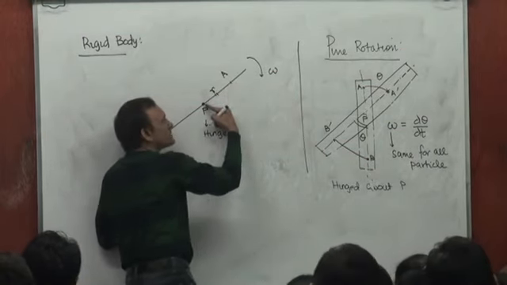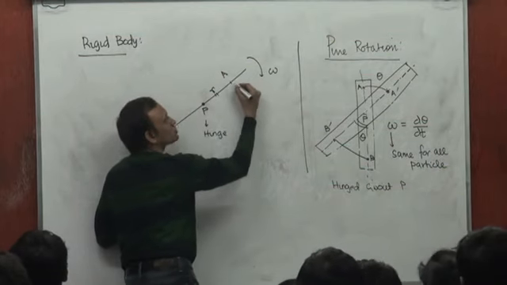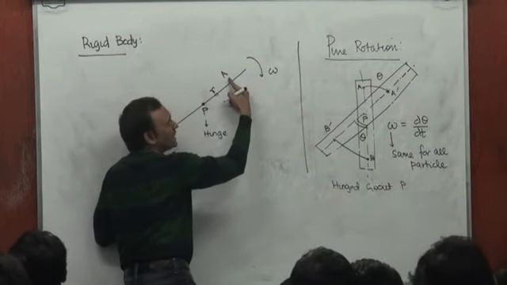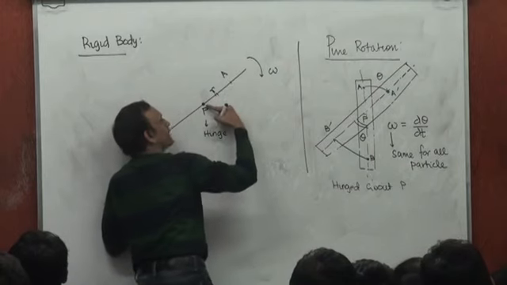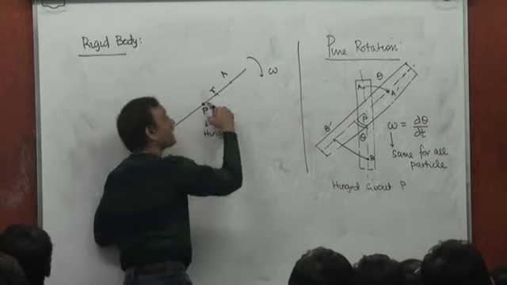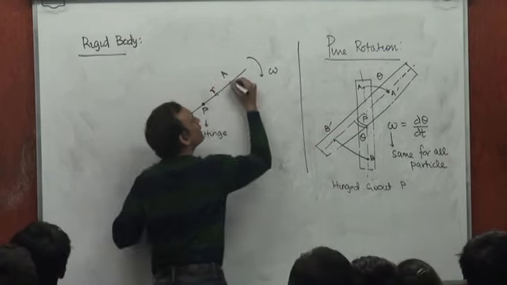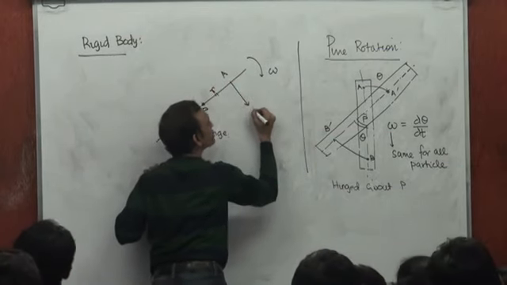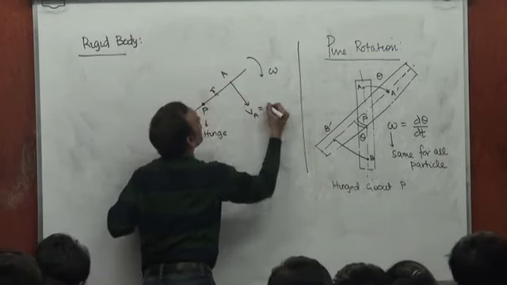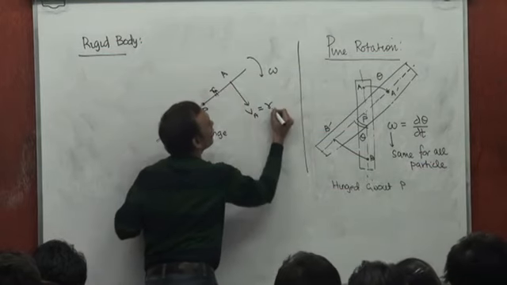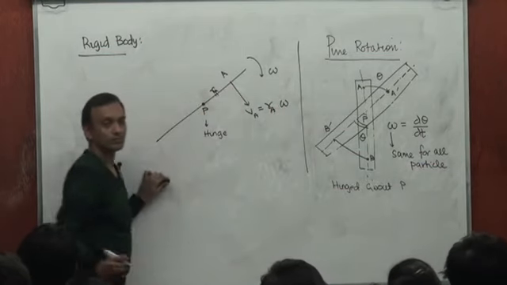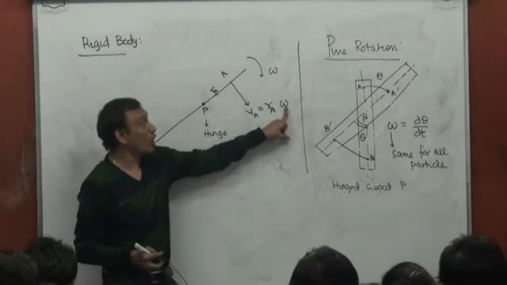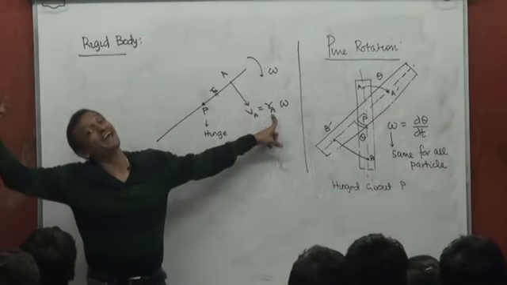So it's going to execute circular motion with angular velocity omega. This particle A will execute circular motion with angular velocity omega centered at P and of radius RA. So then it will have a tangential velocity VA, which would be RA omega. Omega is the same for all, but RA is different for different A's.